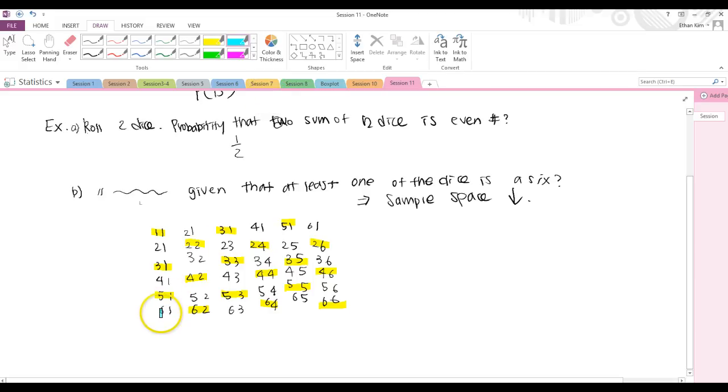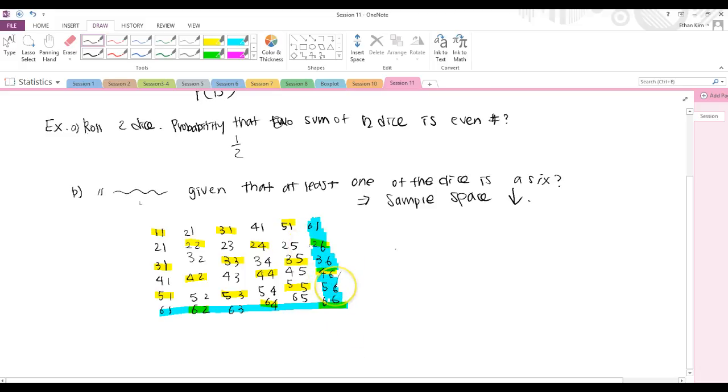So we have these right here. Okay, so if we count them off, how many options do we have in total? This is 5 and 6, so that's going to be out of 11.